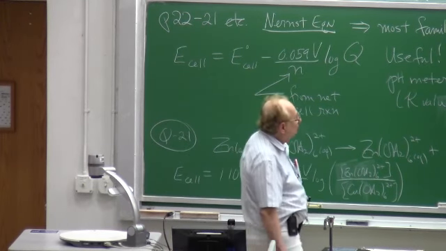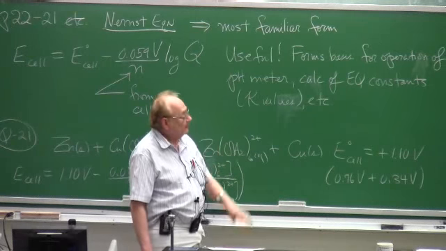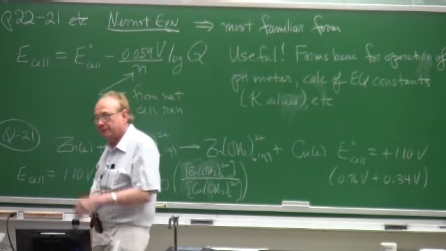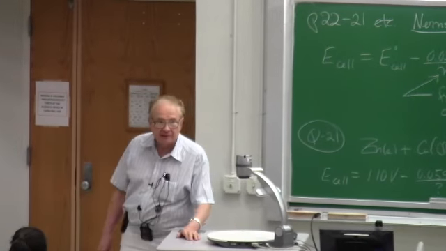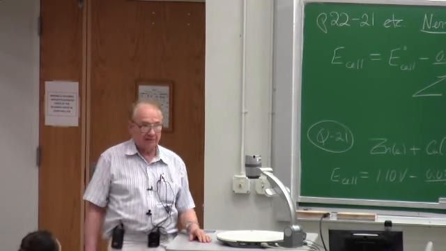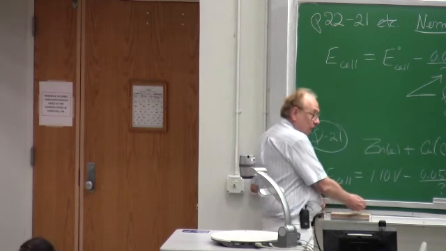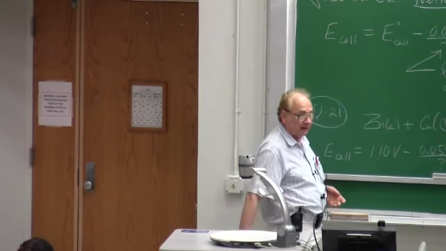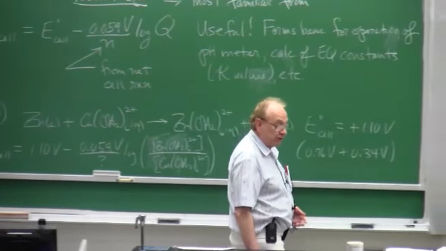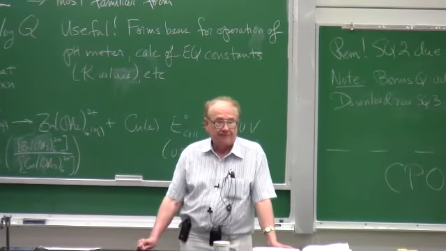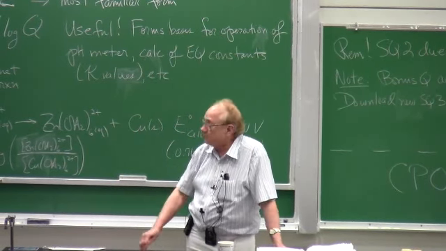Why important? Why useful? Well, for example, this equation forms the basis of operation of a pH meter. If you've done your part of the job and read the information leading up to this that's in the notes, you already know this. Calculation of a whole slew of equilibrium constants. Very important thermodynamic information, most of which are determined by electrochemical measurement and application of this equation.